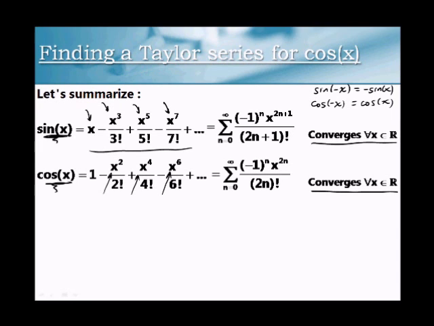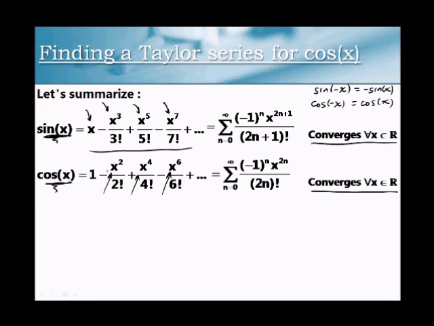The reason I'm mentioning this is, first of all, it's important to know that the properties of the original function are carried over into the properties of the Taylor series, or the Maclaurin series in this case. But the other thing is, it's a useful tool for remembering the sine and cosine expansions. It's easy sometimes to mix up the Maclaurin series for sine and cosine because they look similar.